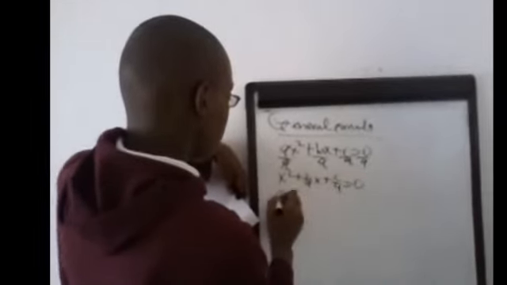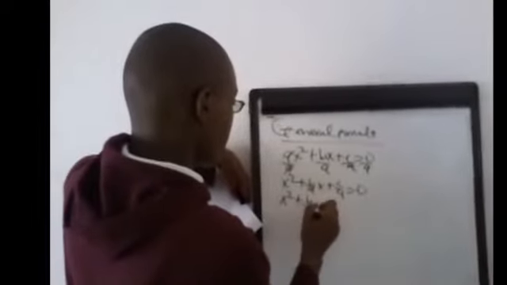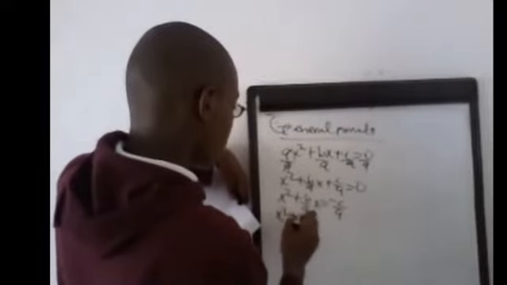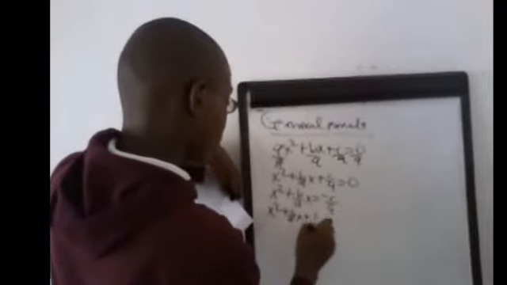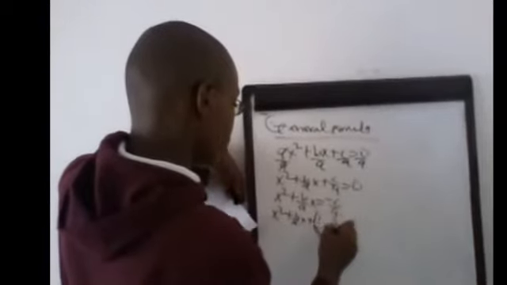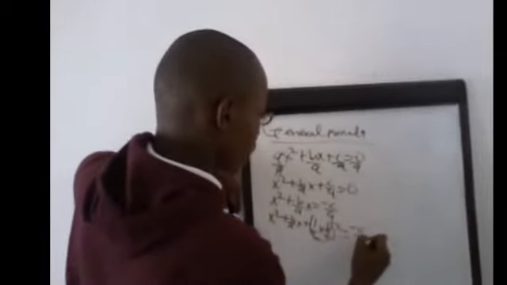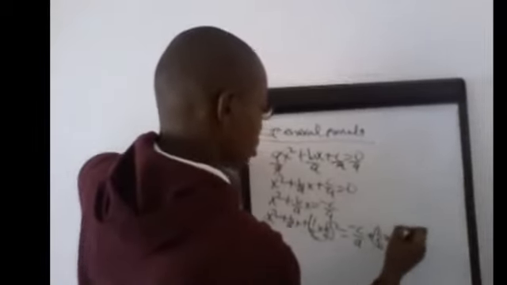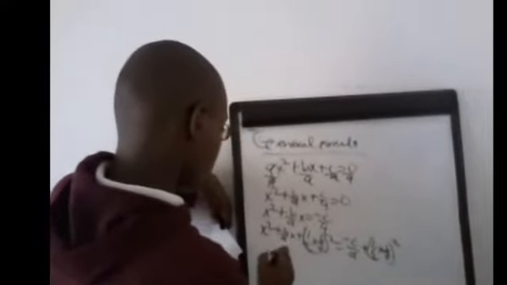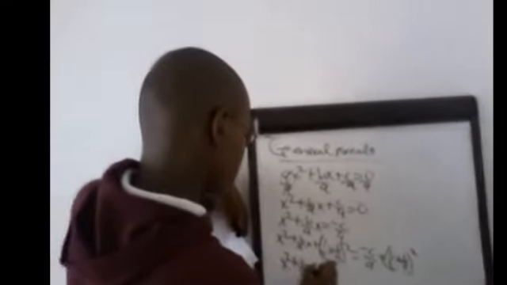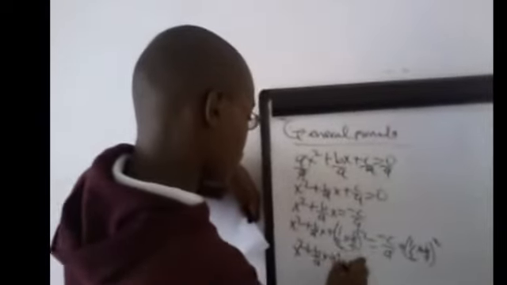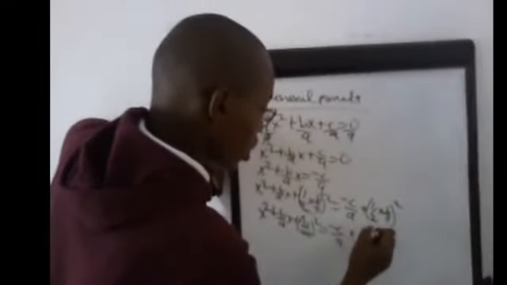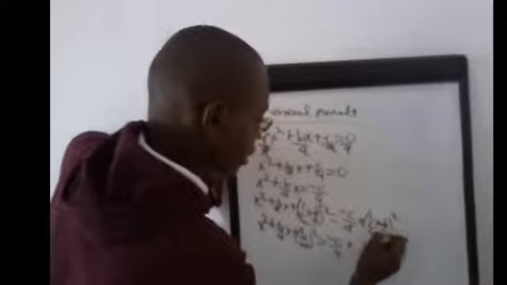So x squared plus b over a x equals negative c over a. It will be x squared plus b over a x plus (a half times b over a) squared equals negative c over a plus (a half times b over a) squared. It will be x squared plus b over a x plus (b over 2a) squared equals minus c over a plus b squared over 4a squared.